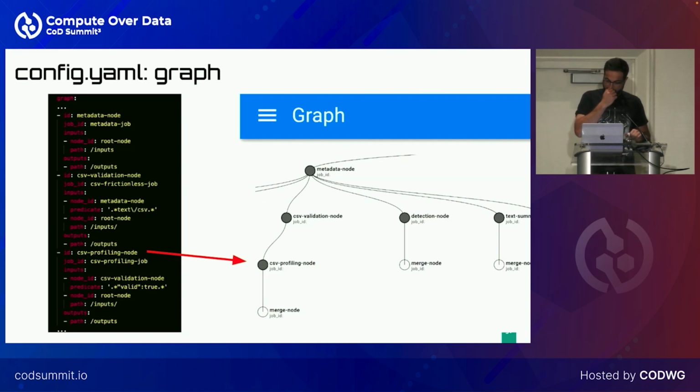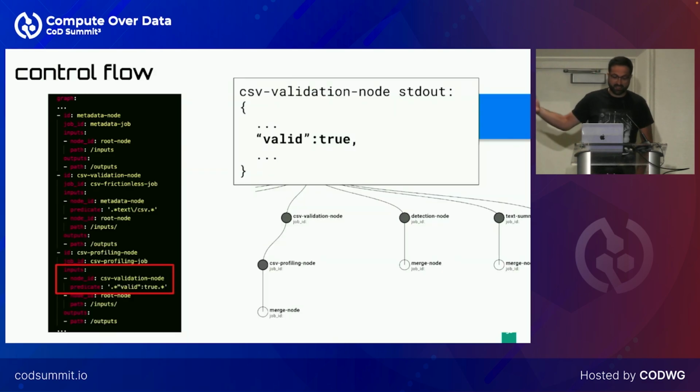After the validation regarding CSV, I've also added a profiling node, which is essentially inspecting your CSV datasets and creating a report that I'll show later. But again, in terms of control flow, this will run only if the previous node said that it's a valid CSV.